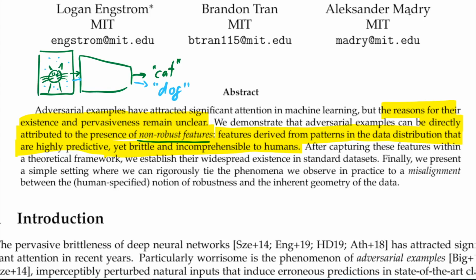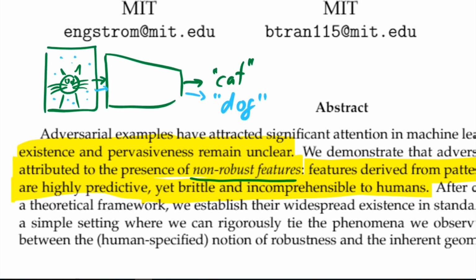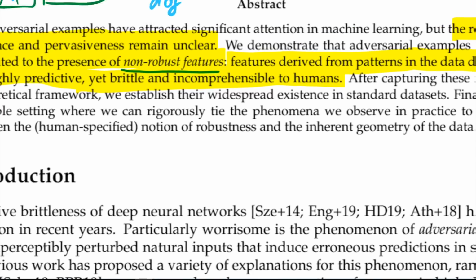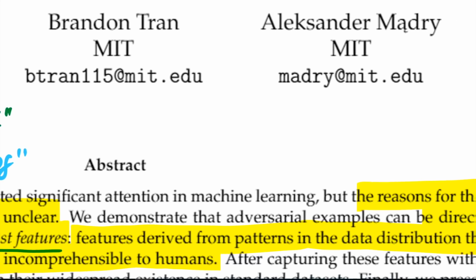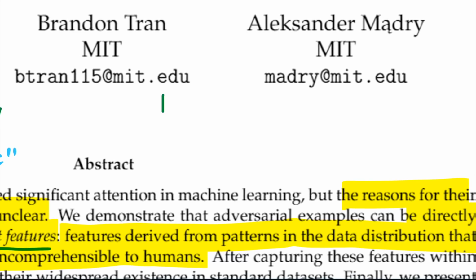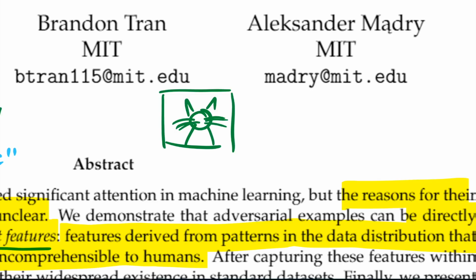So the fundamental idea, as I understand it, is that if you have images, let's say of cats, and I'm going to draw another one over here, there are multiple features in this image, and a feature is something that the classifier can pick up on and learn to classify images from.